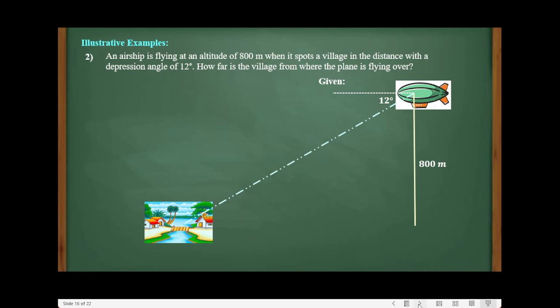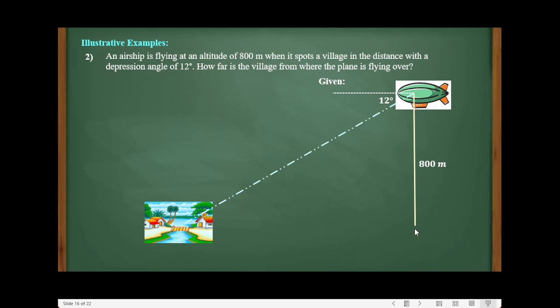So the question is, how far is the village from where the plane is flying over? So it means the distance being asked here is from the village to the place where the airship is flying over. So below, directly below.